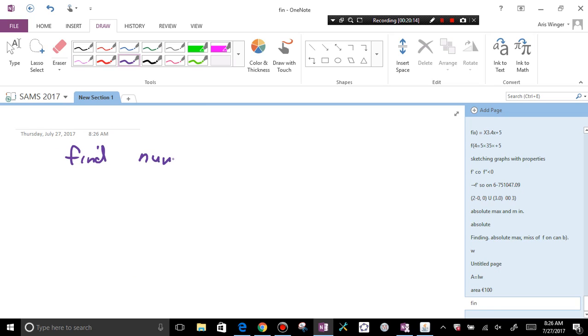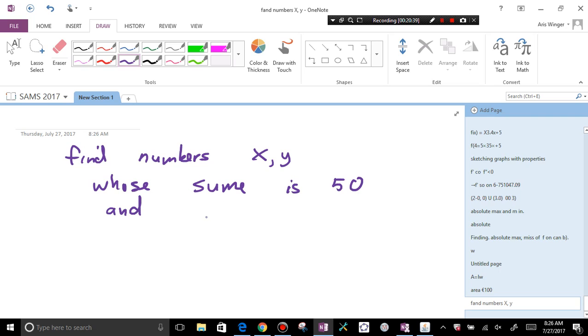Find numbers x and y, wait, let's write it this way, whose sum is 50 and product is a maximum.